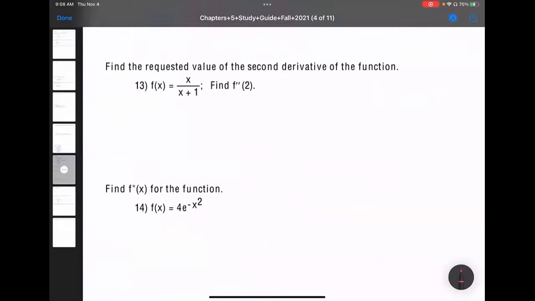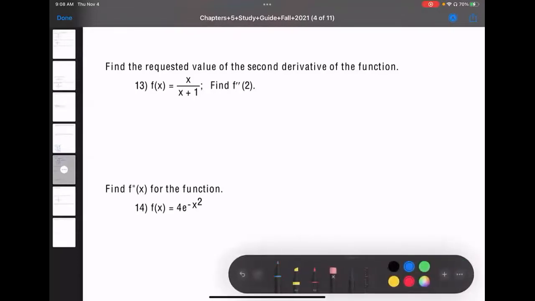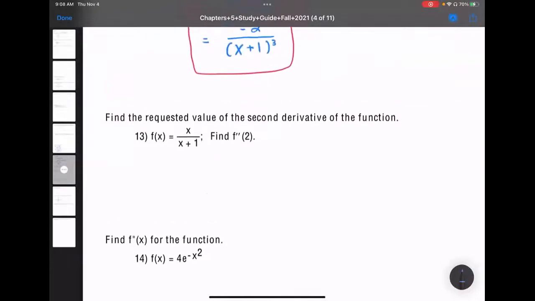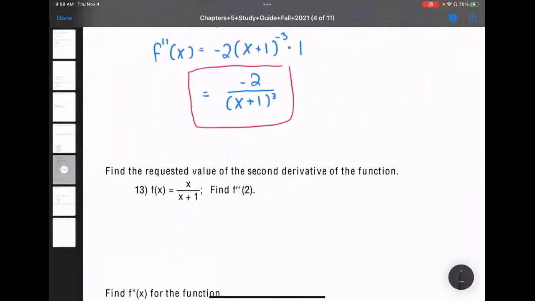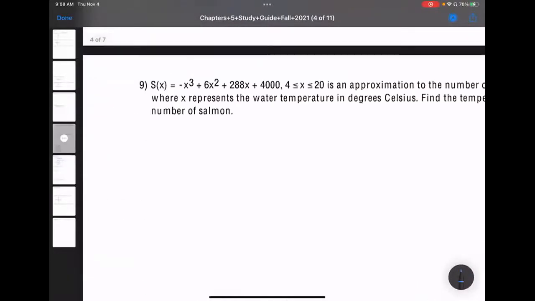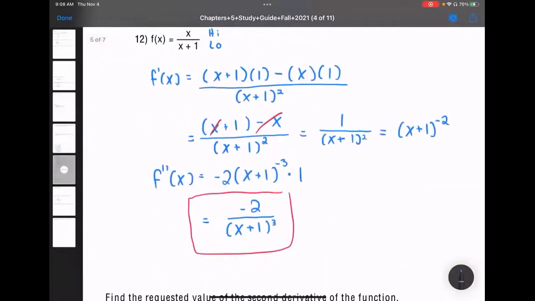Moving on to number 13. Find the requested value of the second derivative of the function. So we've got to get the second derivative, and then we have to plug in at the x value of 2. And if you notice, this is the same function as from number 12.